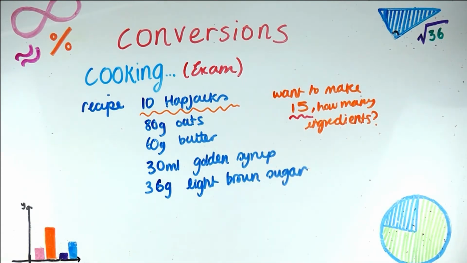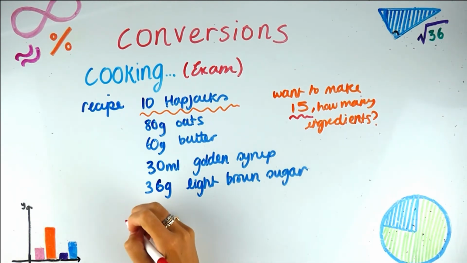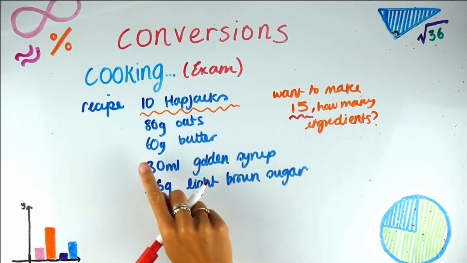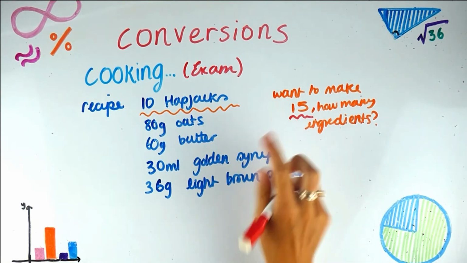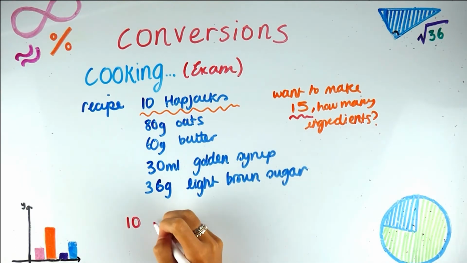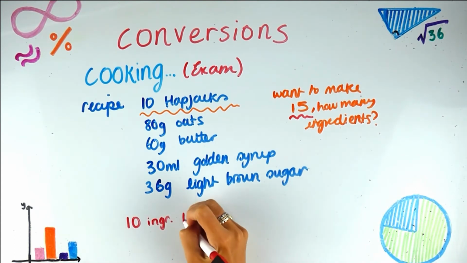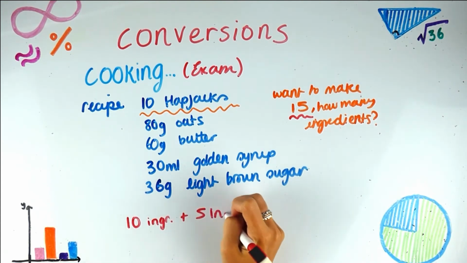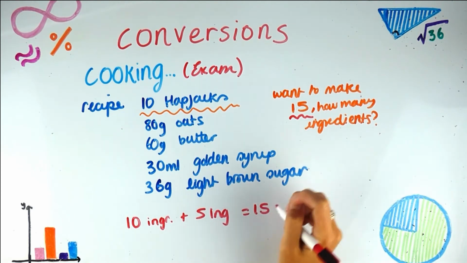One way you could do this, the way I definitely did it, nice and easy, is that you have 10 flapjacks' ingredients, and you could halve the ingredients and then add them on. You could do 10 flapjacks' ingredients plus 5 flapjacks' ingredients, and then you have the 15.